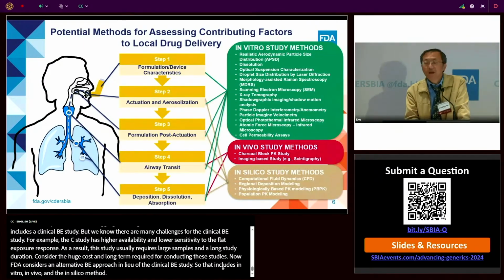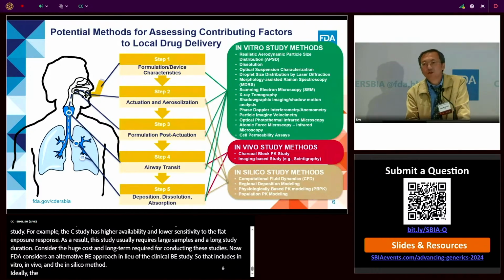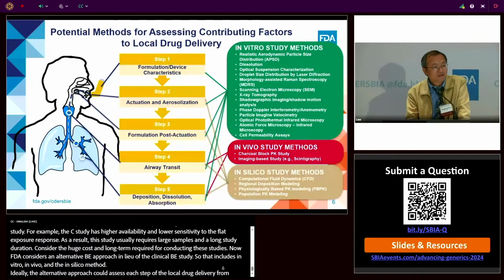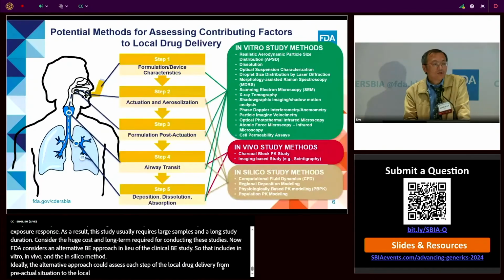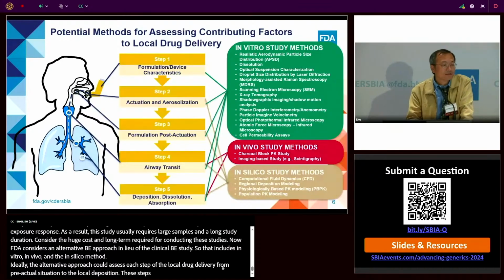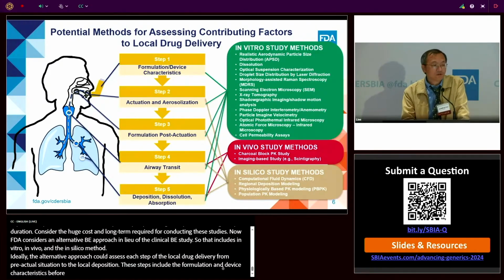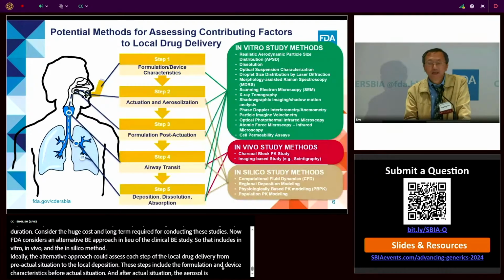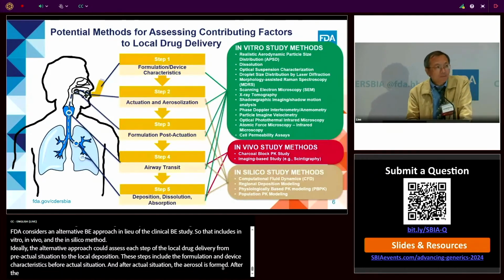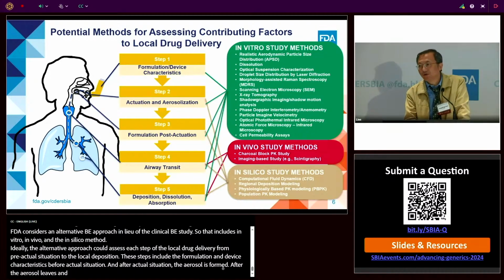Ideally, the alternative BE approach could assess each step of the local drug delivery from pre-actuation to the local deposition. These steps include the formulation and the device characteristics before actuation. And after actuation, the aerosol is formed. After the aerosol leaves the actuator, the droplet size changes due to the propellant or other excipients evaporation.